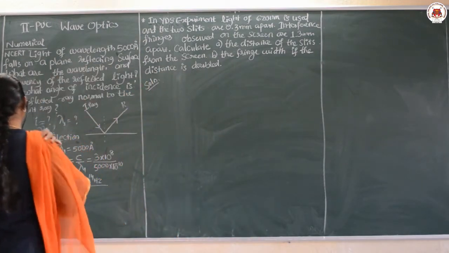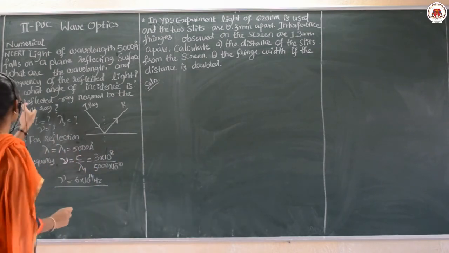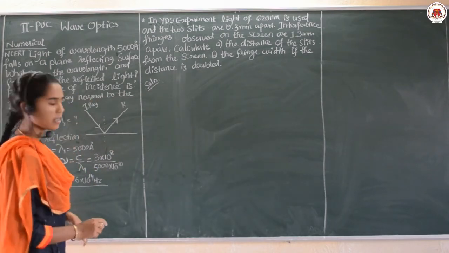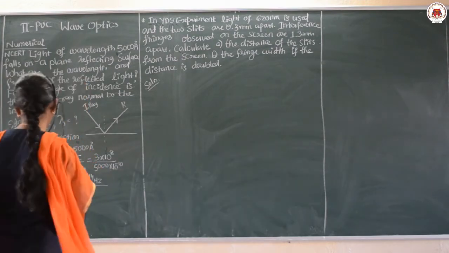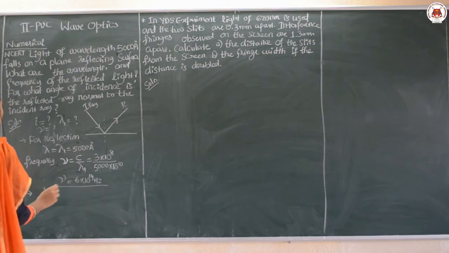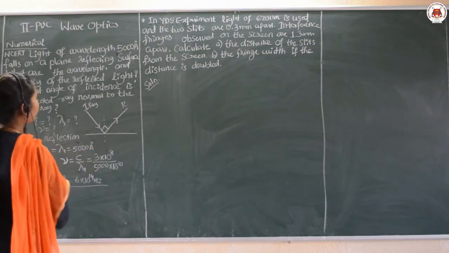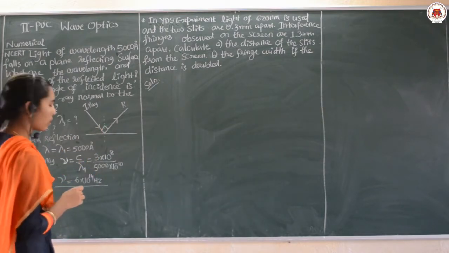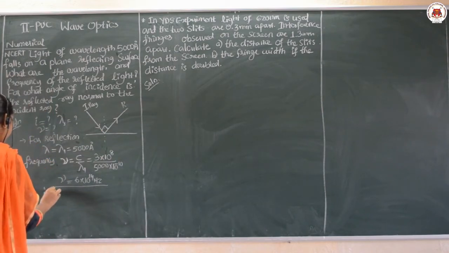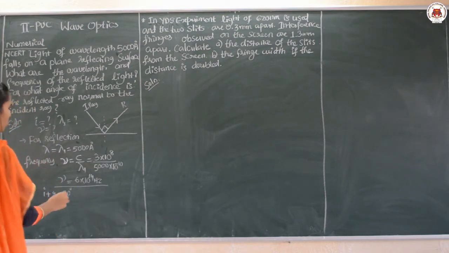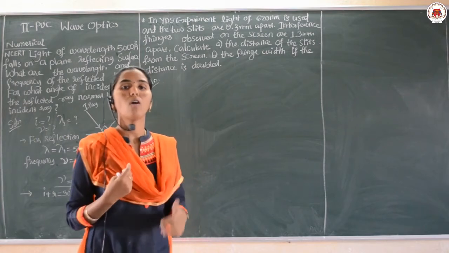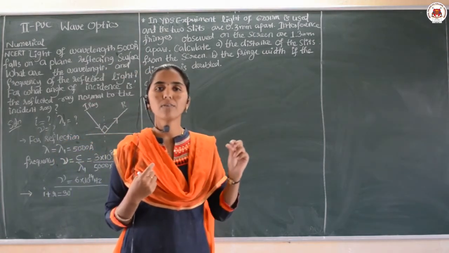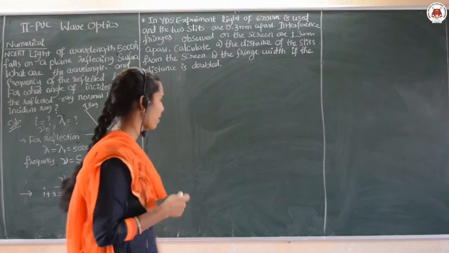Then moving to the next one: for what angle of incidence are the reflected and the incident ray normal to each other? Between them the total angle is the angle of incidence plus the angle of reflection, which is equal to 90 degree. In the reflection, as you studied in 10th class also, the law of reflection says that the angle of incidence is equal to the angle of reflection.